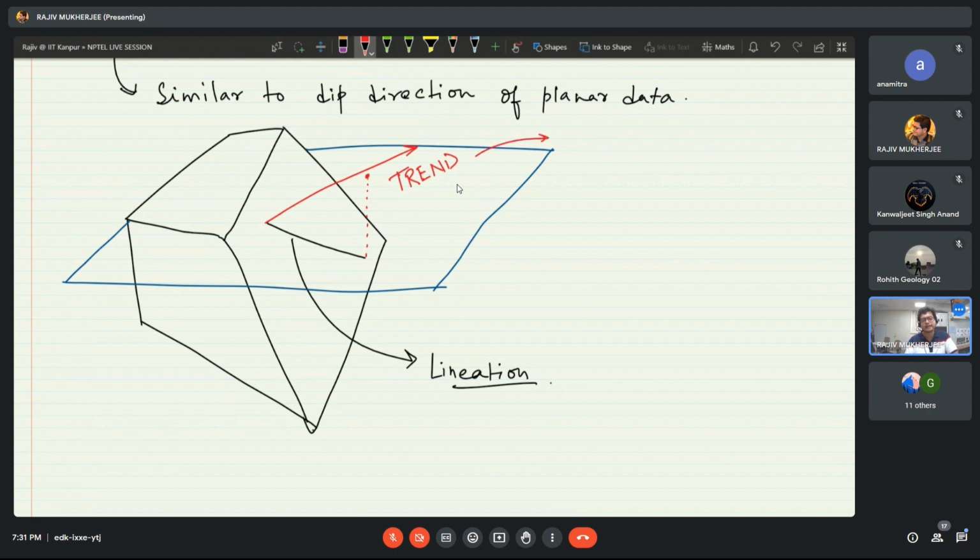Trend again is measured with respect to the north. So if this is the north, we again measure this angle.